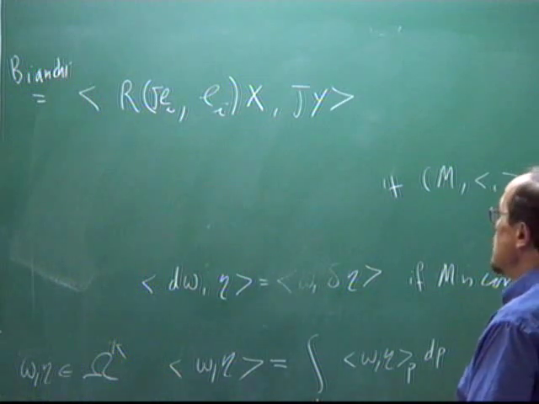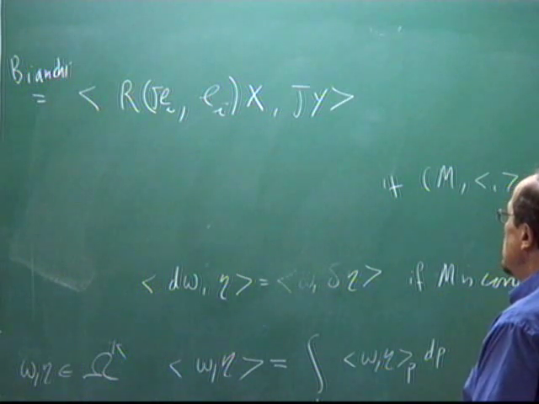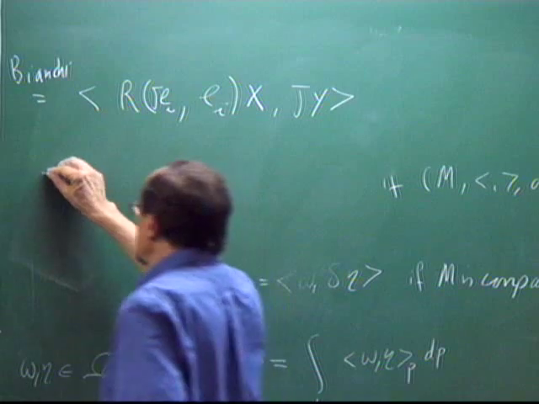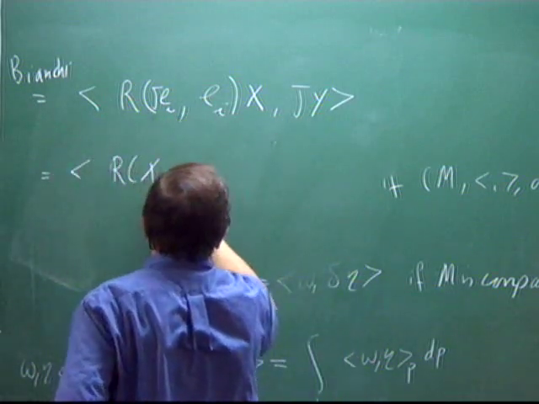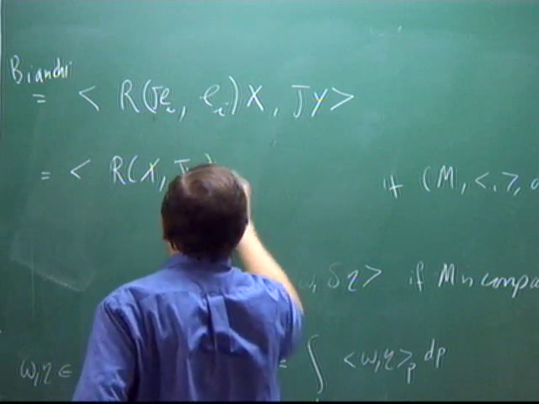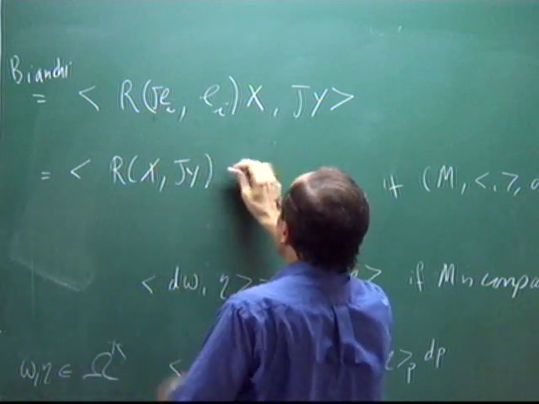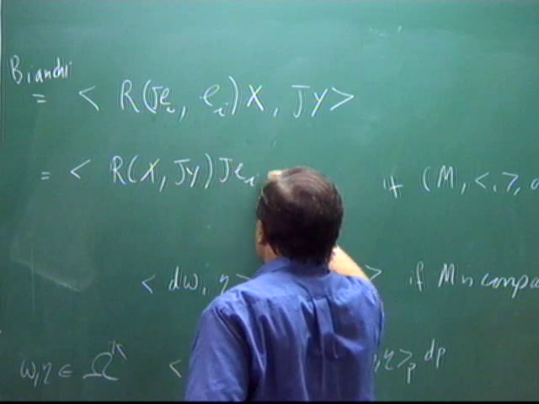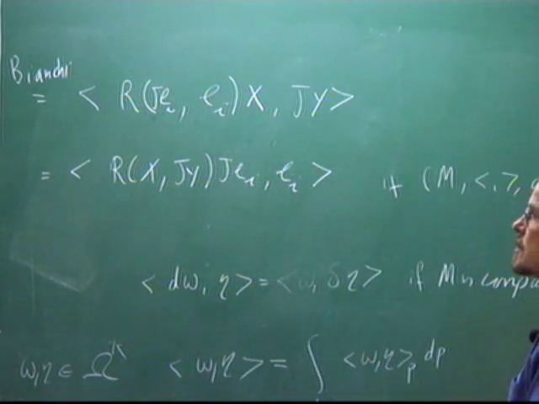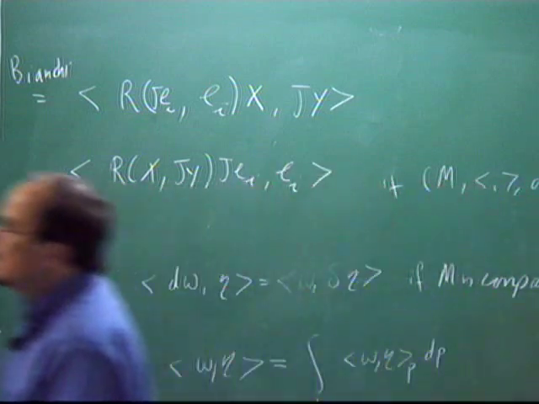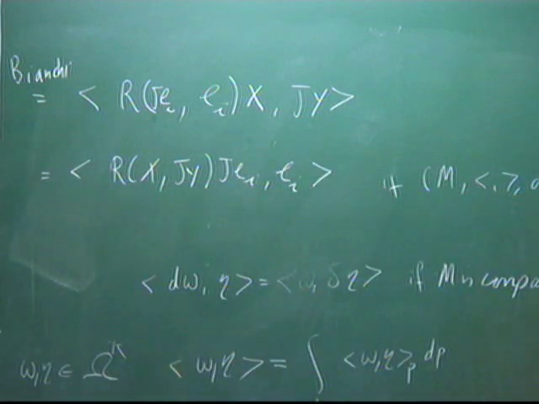And now I can switch it around once more, these two and these two. Is that what we wanted? Where is my lemma? Ah, here. Up to a sign, I suppose.